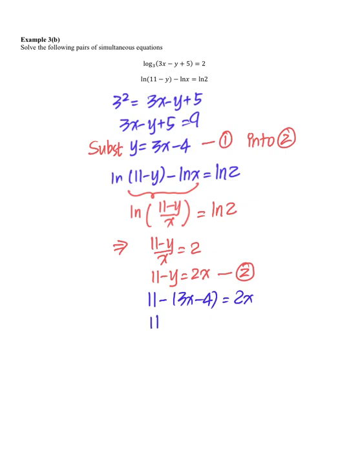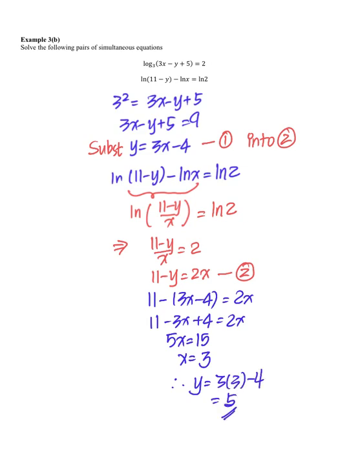So 11 minus 3x plus 4 is equal to 2x. So 5x is equal to 15, so x is equal to 3. Therefore y is equal to 3 times 3 minus 4, that is 5. So your final solution: x equals 3 and y equals 5.